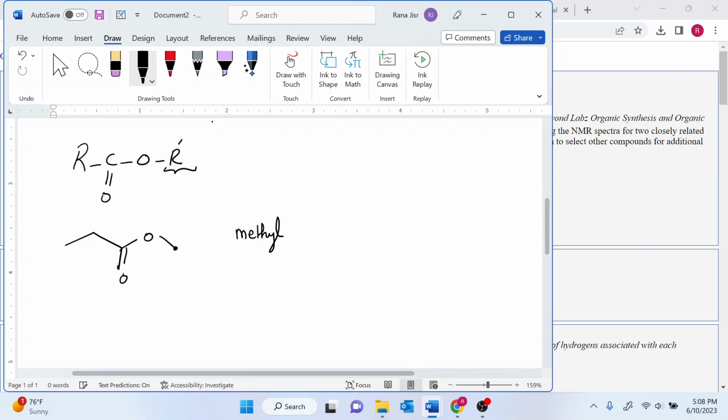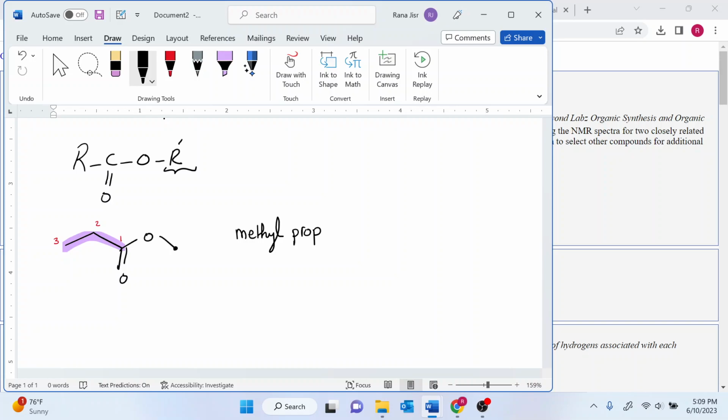And then starting from the carbonyl, this is going to be 1, this is going to be 2, this is going to be 3. Choose the longest carbon chain that contains the carbonyl. And this is going to be propyl, so it's going to be prop. You're going to name it as a derivative of carboxylic acid.